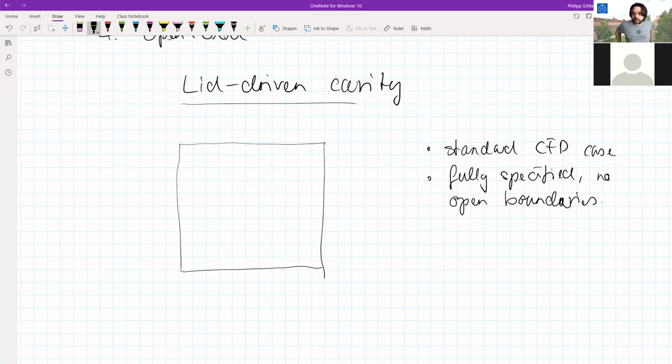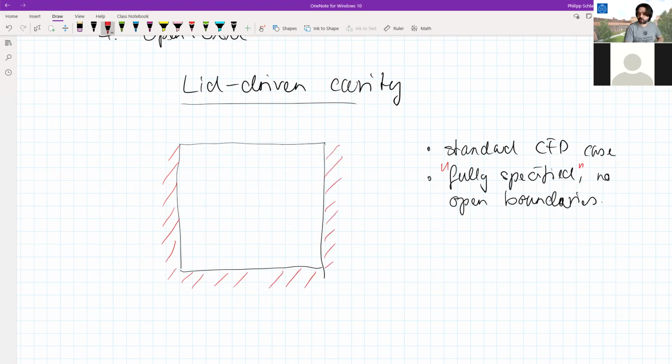In fact, this is "fully specified" in quotes, because there's one aspect that is not fully specified, and we will get back to that later on as well. But anyway, everything is in a cavity, and the idea is that we have solid walls on 3 sides.